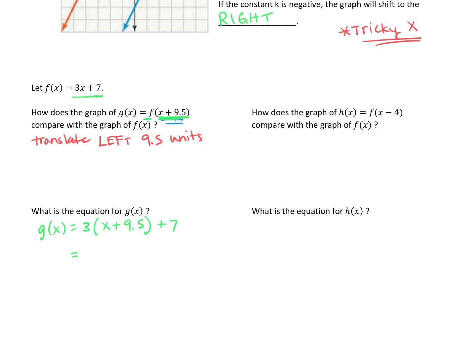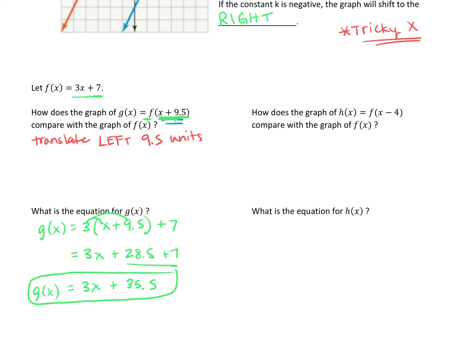We can distribute that 3. That gives us 3x. 3 times 9.5 is 28.5. I'm going to carry down the plus 7. We've got some like terms, so we can get our simplified g of x function is equal to 3x plus 35.5.